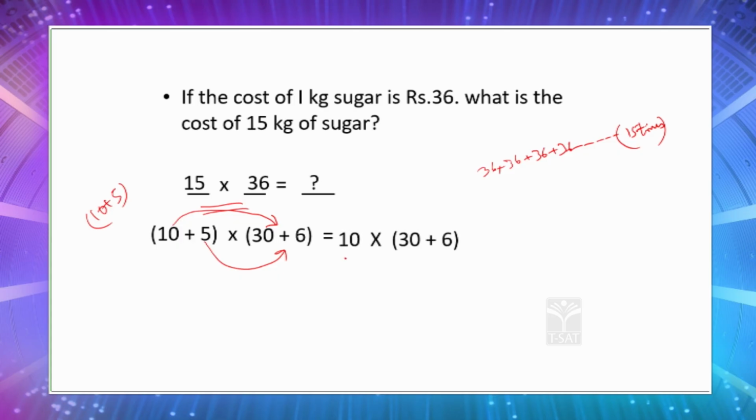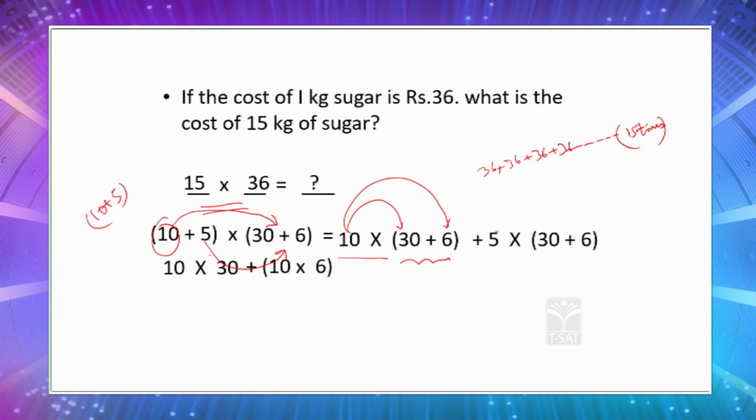First 10 into 30 plus 6, then plus 5 into 30 plus 6. So, we multiply 10 into 30 and 10 into 6, and 5 with 30, and 5 with 6.